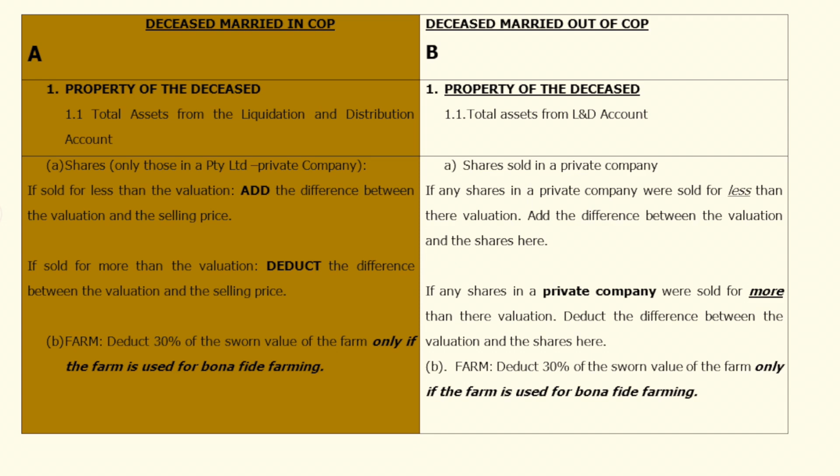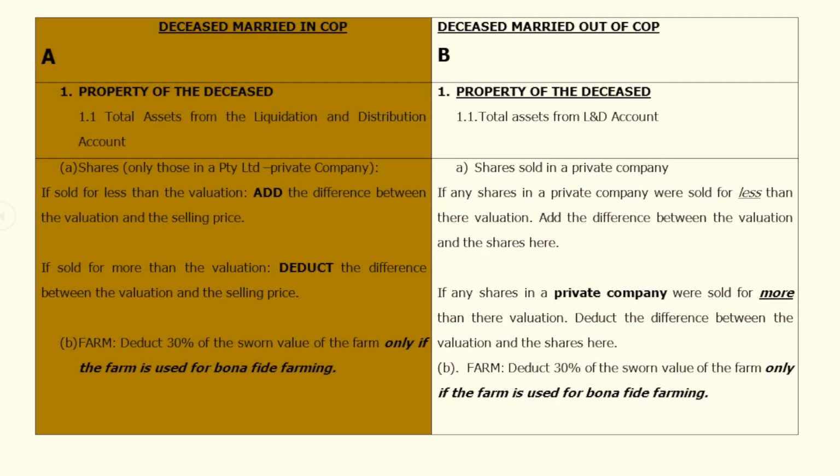I don't know how you draw your L&D. Some people, when they are on estate duty, do two columns for recording amounts, whereby if something is a credit on the deceased, it's not a deduction, they put it on the credit side. If something is a debit, they put it on the debit side.